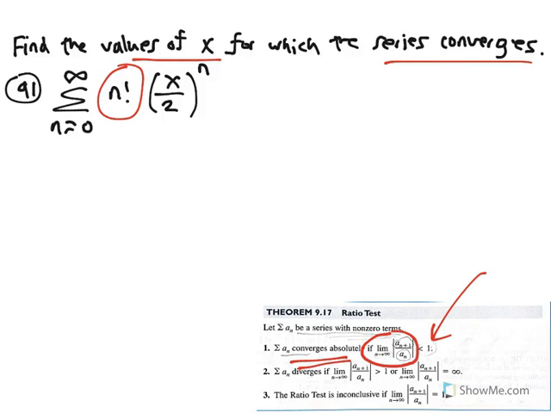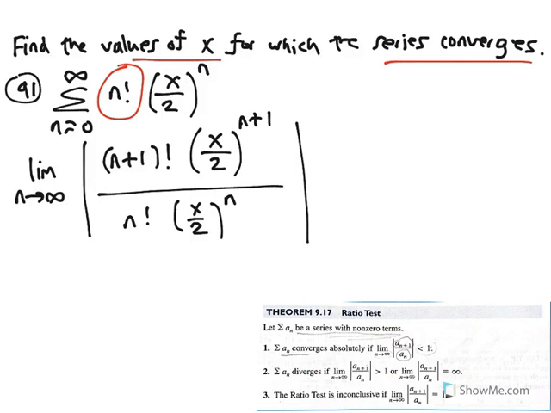If there are any x values for which the limit from the ratio test would be greater than 1 or infinity, at those x values, by the ratio test, the power series will diverge. If there are any x values that would make this limit equal to 1, you would have to do a different test because the ratio test would be inconclusive.